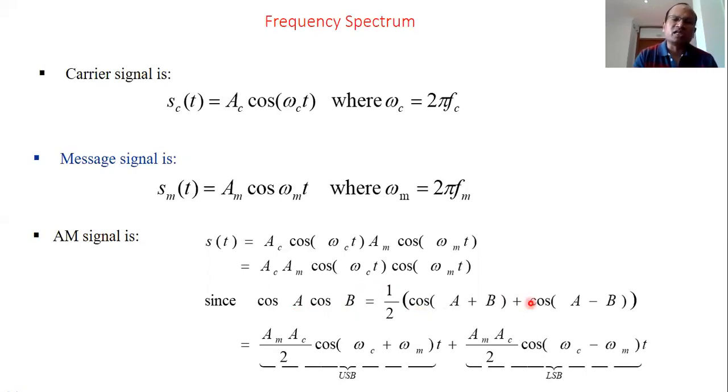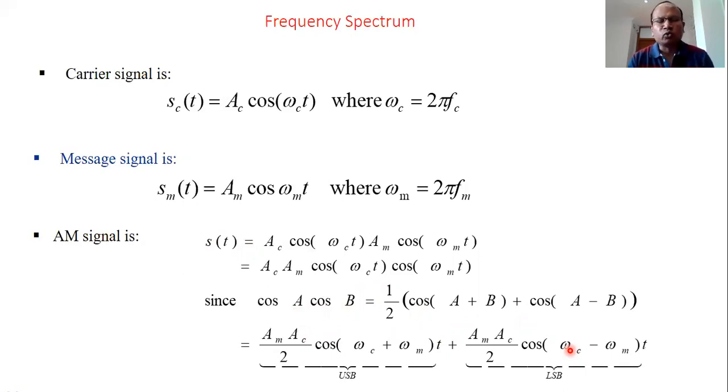If we use this formula, we get the expression for s(t) as Am Ac divided by 2 cosine of (omega c plus omega m) t plus Am Ac divided by 2 cosine of (omega c minus omega m) t. What are these?